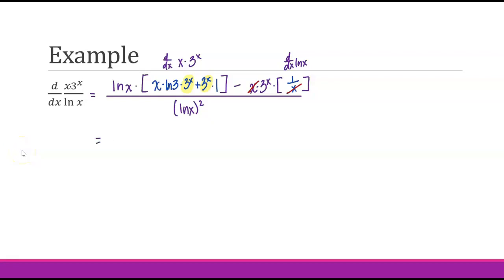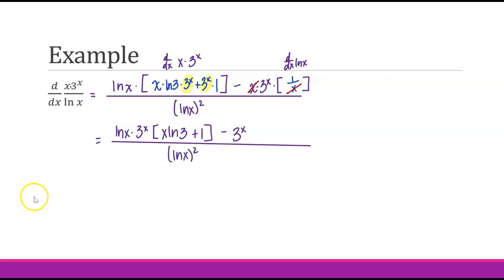So what I'm going to do is pull that out. So I have a natural log x here. I'm going to take out a 3 to the x, and then what's left is x natural log 3 plus 1. All right, and then over here, the only thing left is a 3 to the x. So minus 3 to the x over natural log of x squared.